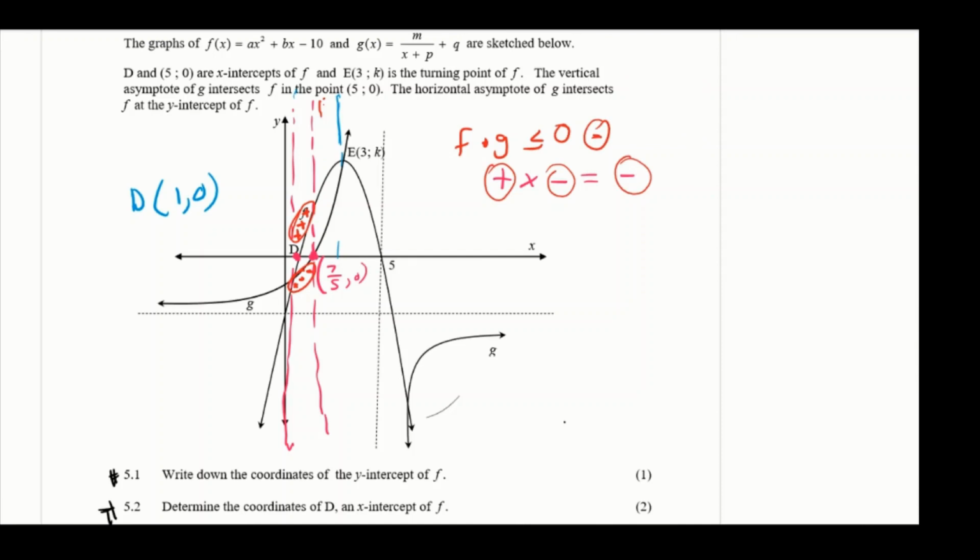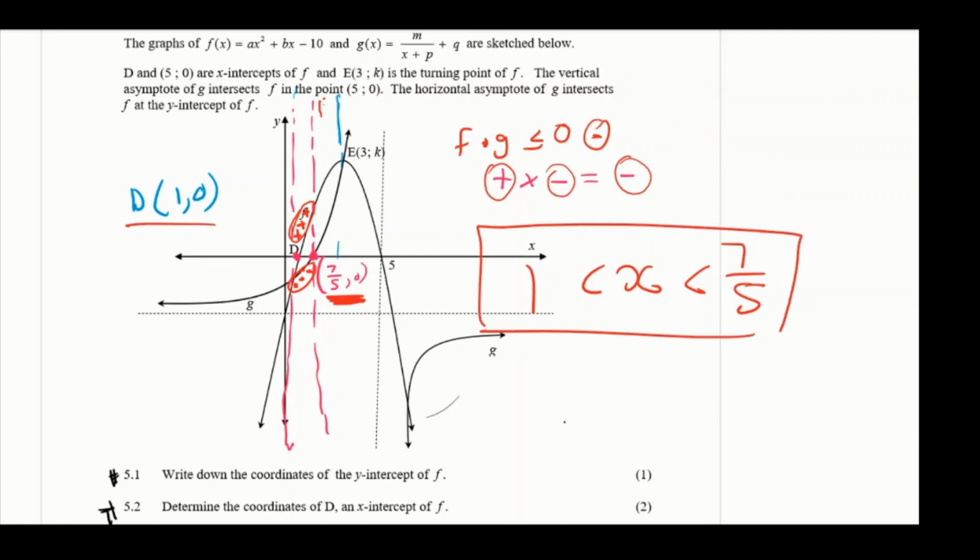You're going to use the d and this intercept of 7 over 5. So we're going to say when x lies between 7 over 5 and 1, then you have solutions of y which are less than or equal to 0. So this is the solution for your question here.